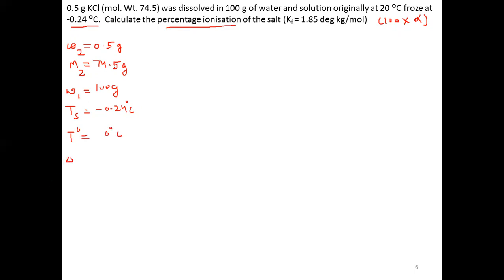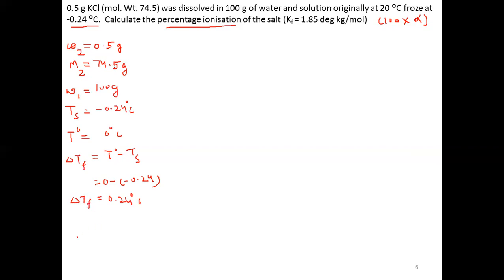So delta TF is T naught minus Ts. Putting these values, it is 0 minus (minus 0.24). It is 0.24 degrees Celsius. So this is our depression in freezing point.